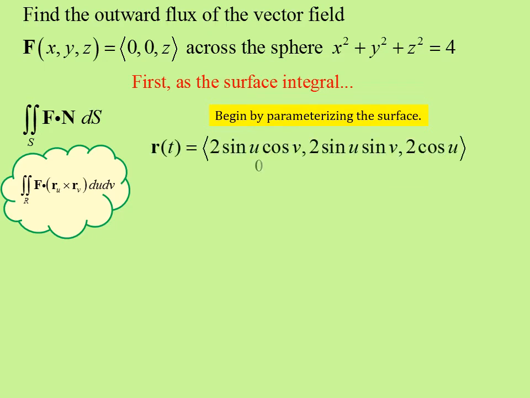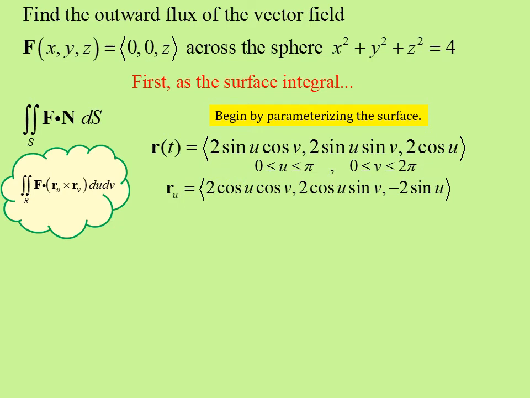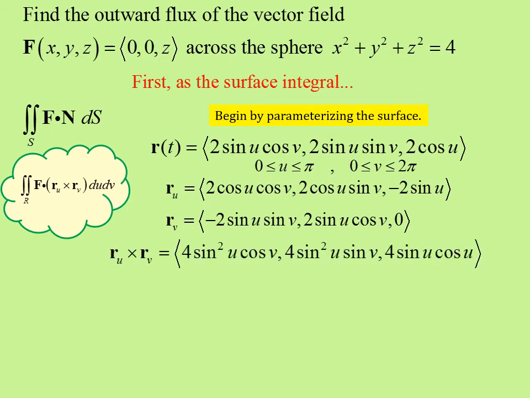The parameterization of the sphere looks like this. We do the derivative in the u direction, the derivative in the v direction, and find the cross product to get the normal vector. Now we need to do the dot product of F with the parameterization substituted in, and the cross product of r_u and r_v.